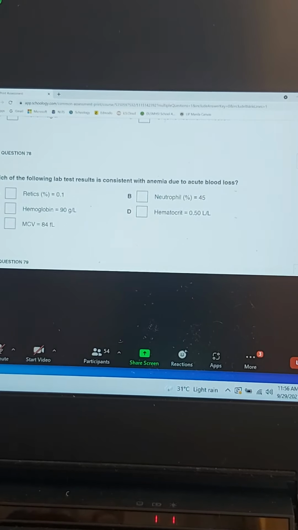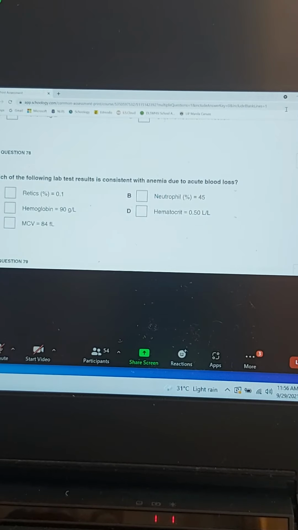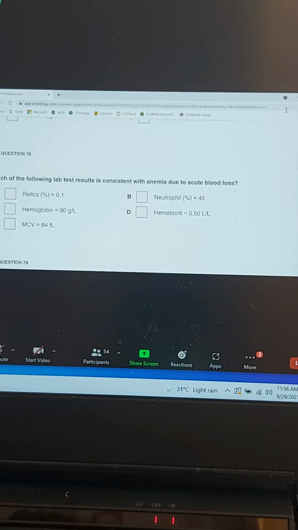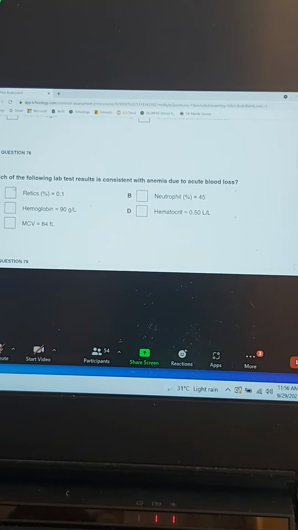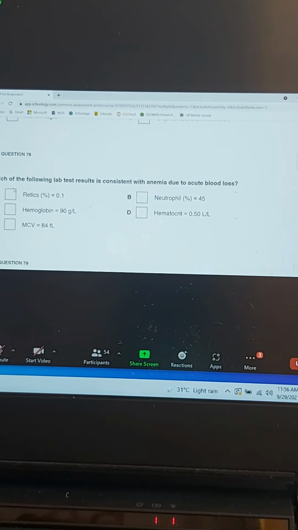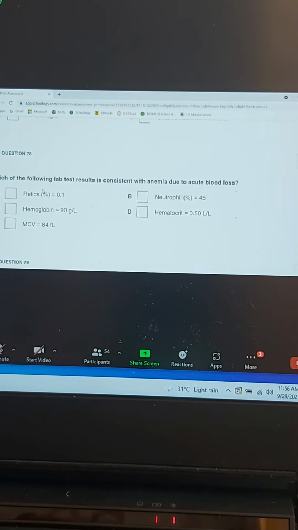Di ba sabi natin, kapag nagkaroon ng blood loss or kapag nagkaroon ng anemia, ano yung usual response ng ating katawan, ng bone marrow? Mag-i-increase yung erythropoiesis. So, therefore, an increased erythropoiesis is manifested by increased reticulocytes.